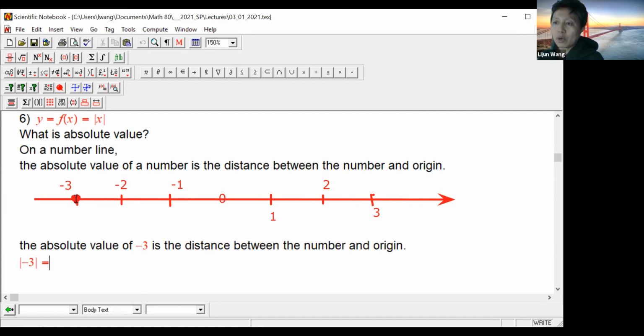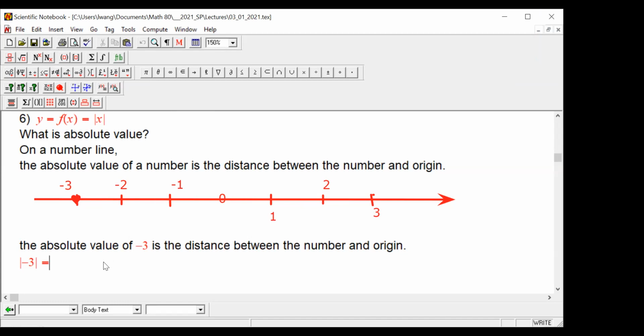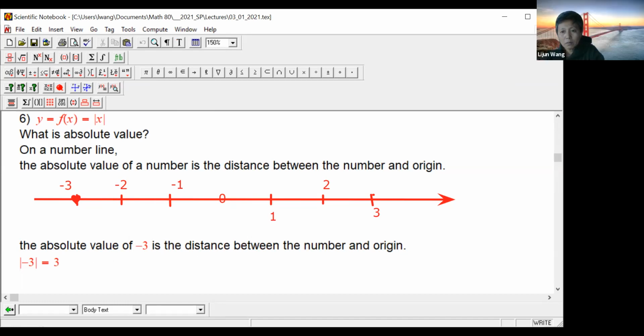I just need to know how far apart they are. I don't care about the direction. So from negative 3 to 0, it measures 3 units, 1, 2, 3. So it's going to be positive 3. Do you follow me? Yes.